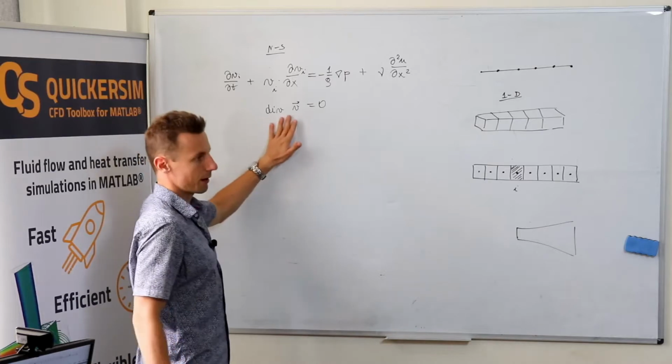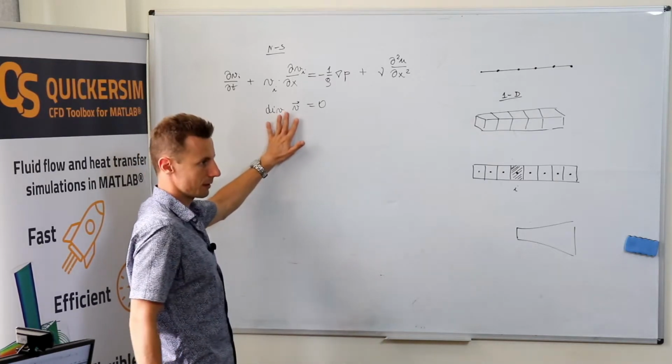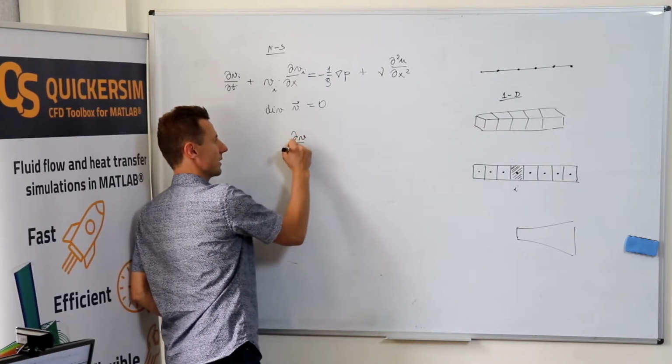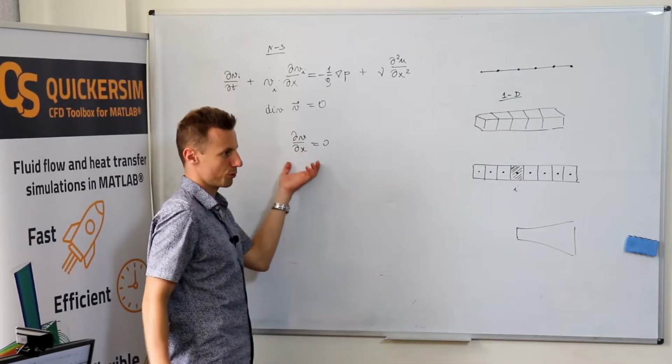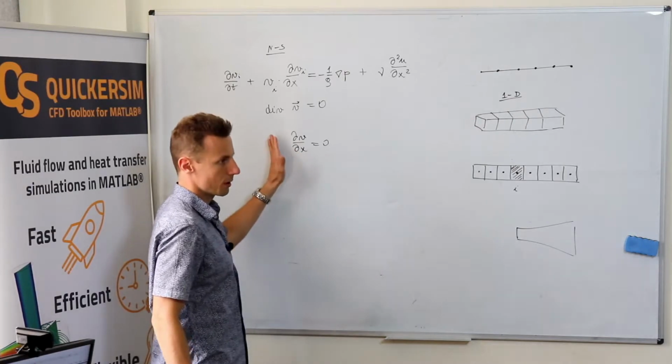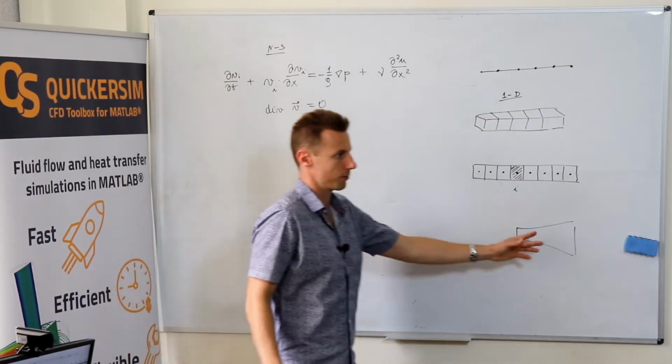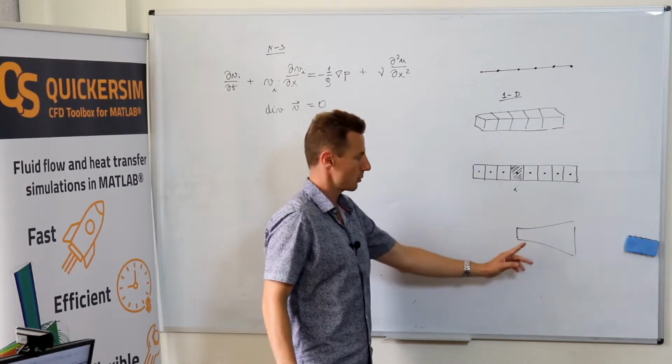And obviously, this divergence would translate to something different. It wouldn't mean that dv/dx is equal to 0, because it's not. You would need to come up with the continuity equation for 1D, but this would be valid.